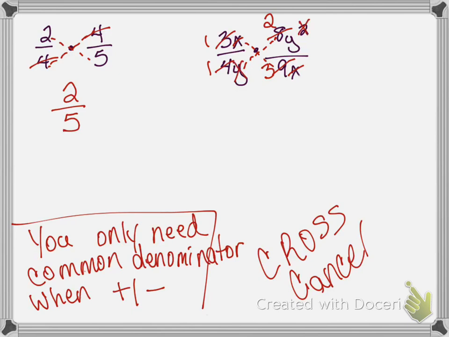Now I have all that left. So I have 2y in the numerator, and then I have 3 in the denominator.